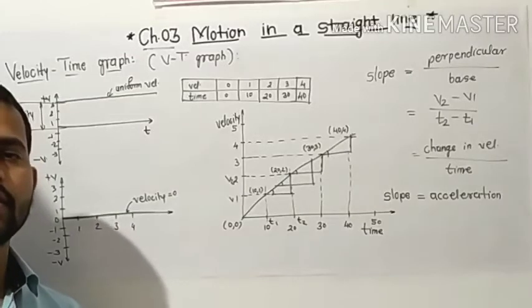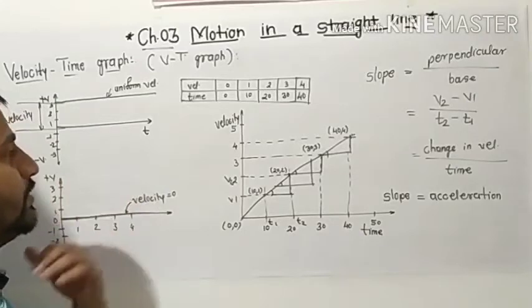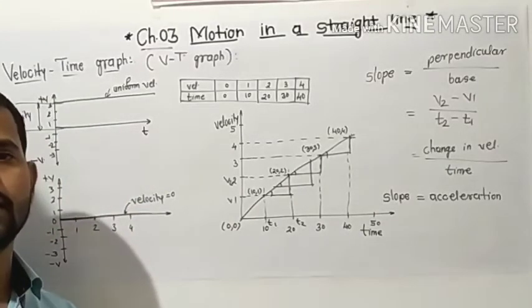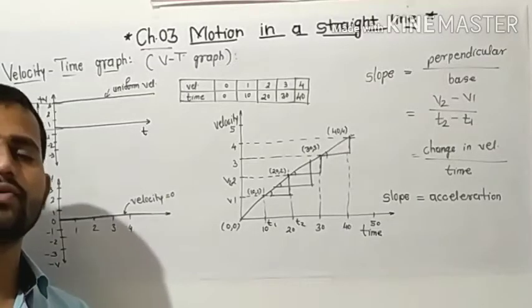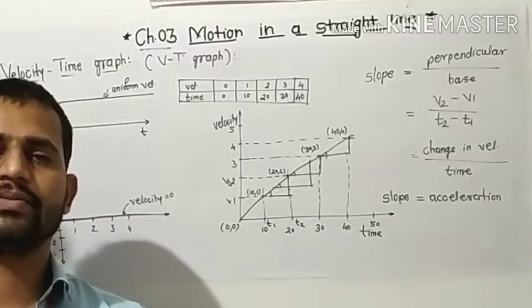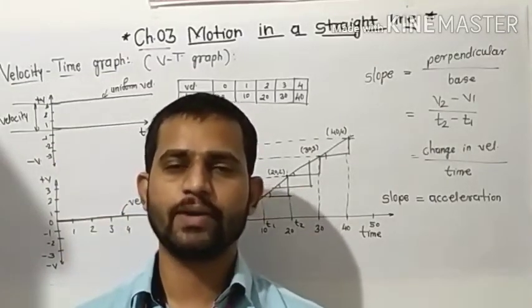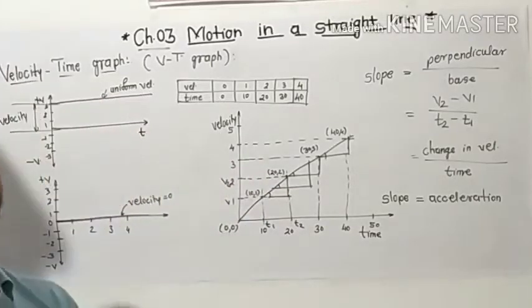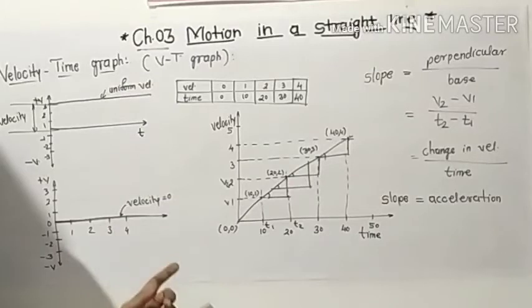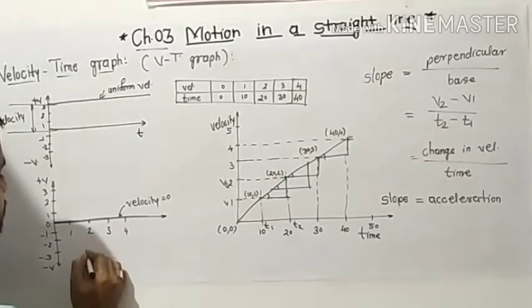So remember that whenever there is a change in velocity with respect to time, its value gives us the acceleration. Whenever we draw a VT curve and we get the value of V equal to 0 with respect to time, or the graph lies along the time axis, then we can say that the particle is at rest.